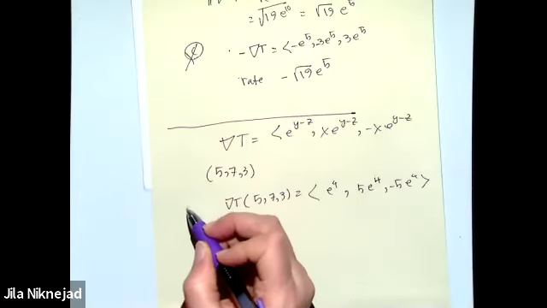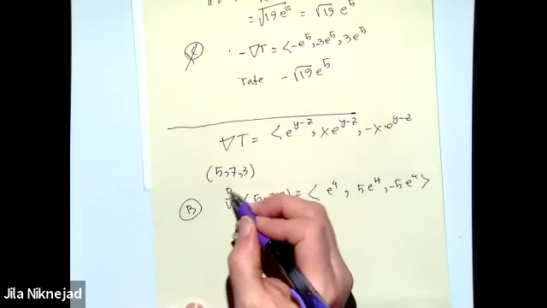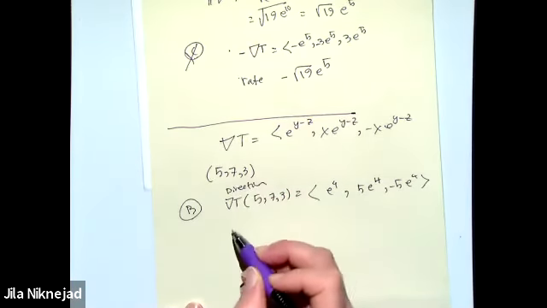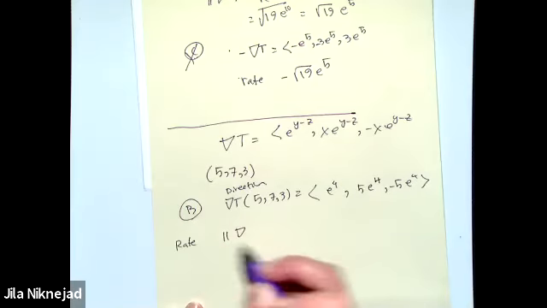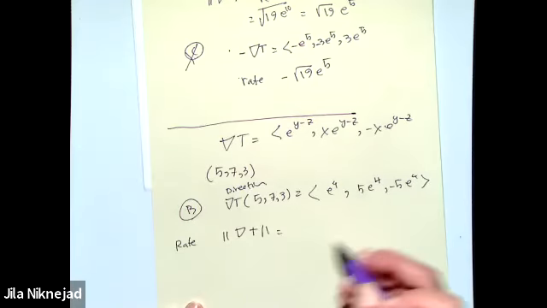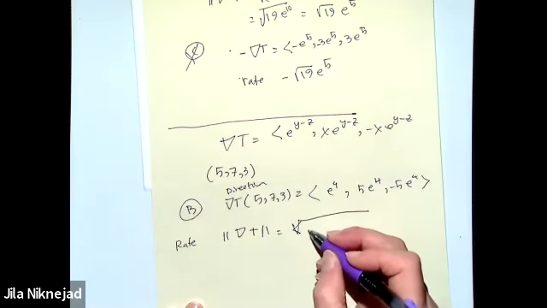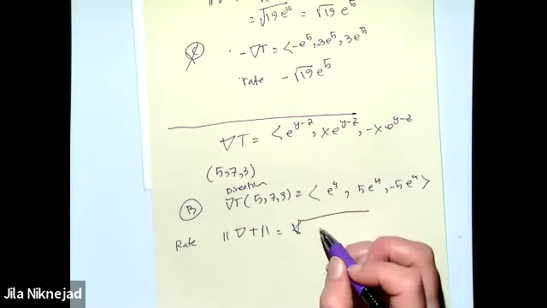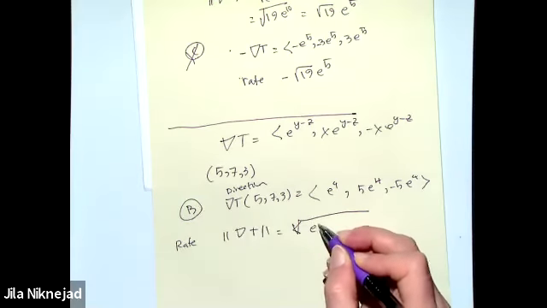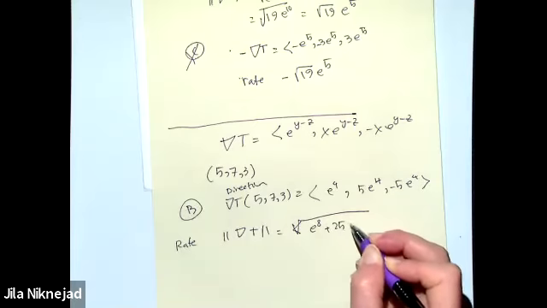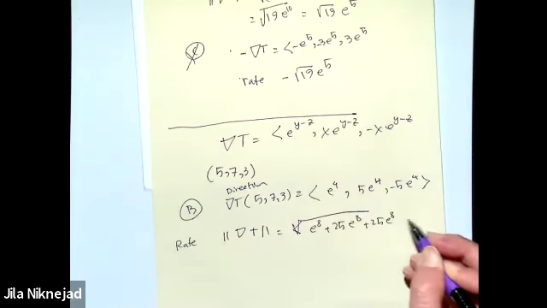So that's the direction, and the magnitude gives me the rate. That is the square root of e to the power 8 plus 25 e to the power 8 plus 25 e to the power 8.